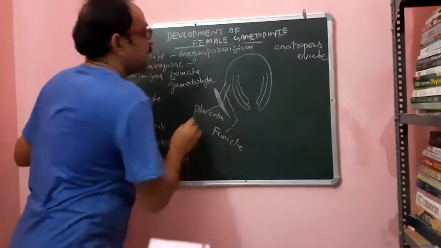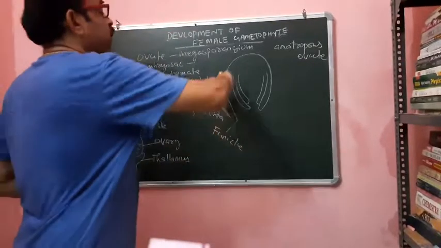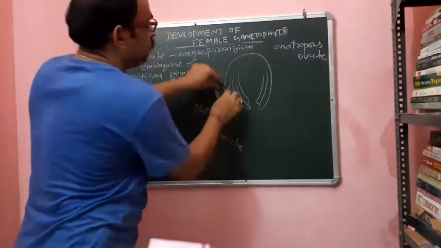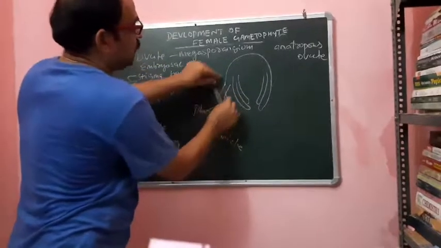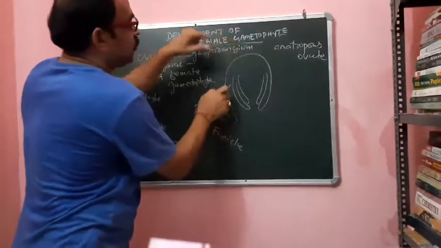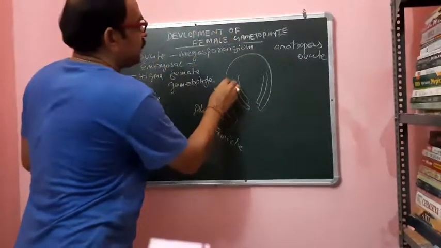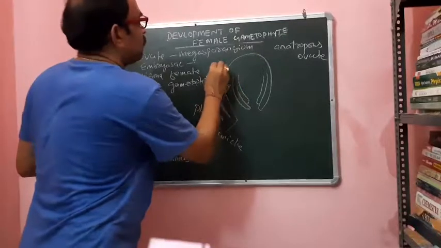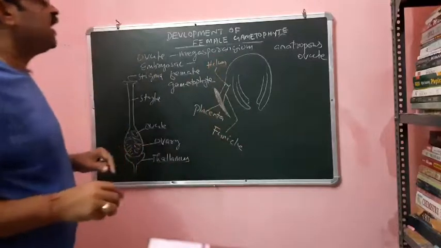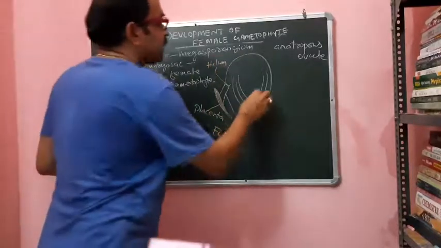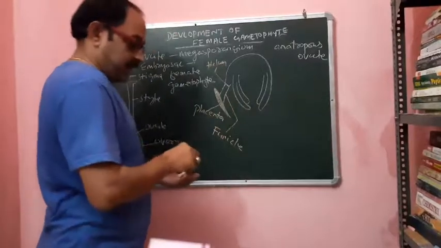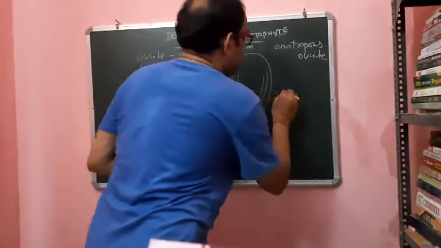This is funicle, and this is placenta. The junction point of funicle and body part is called hilum.